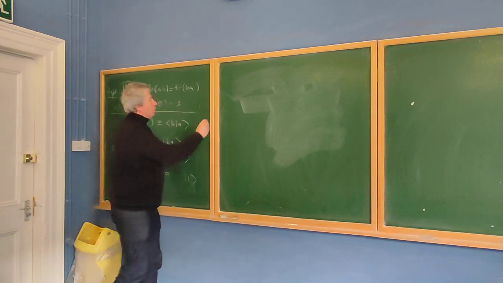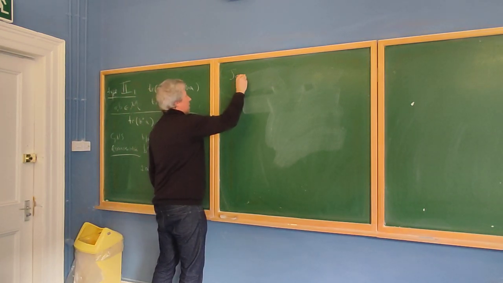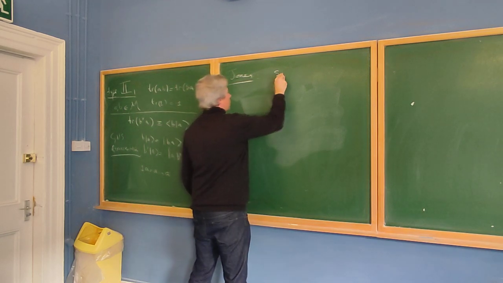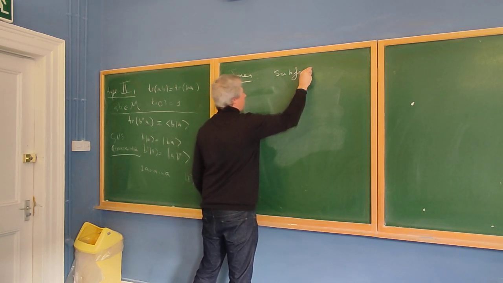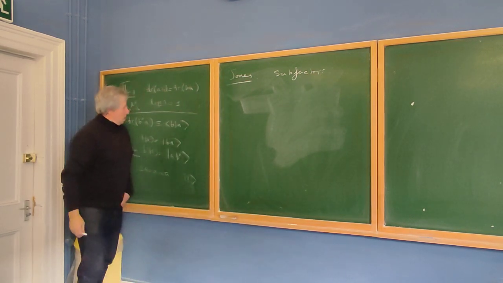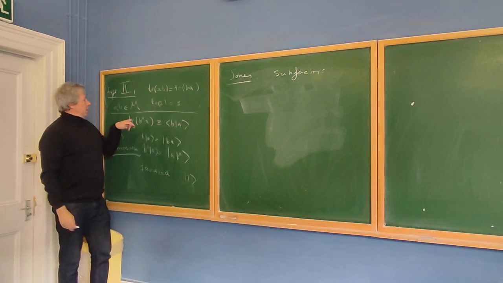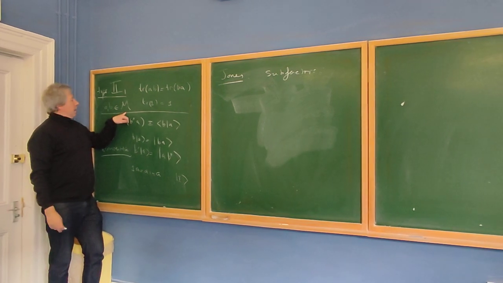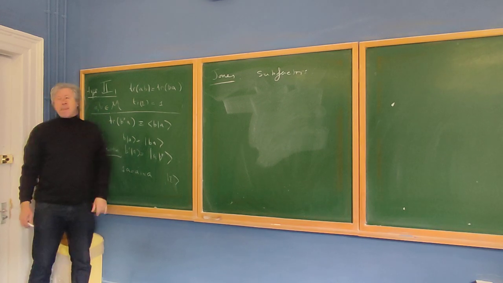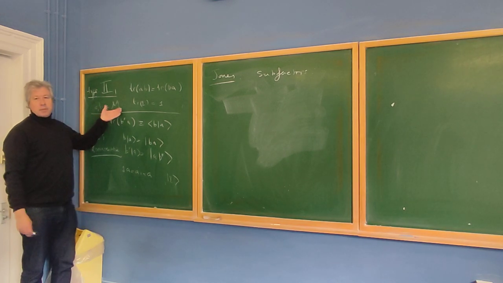So what Jones actually was interested in are what are called subvectors. Because here you see basically that the algebra is mapped onto a Hilbert space, and I can also think about subalgebras.